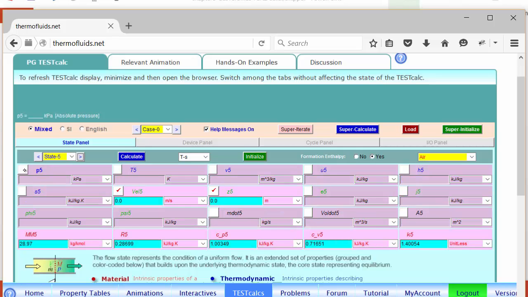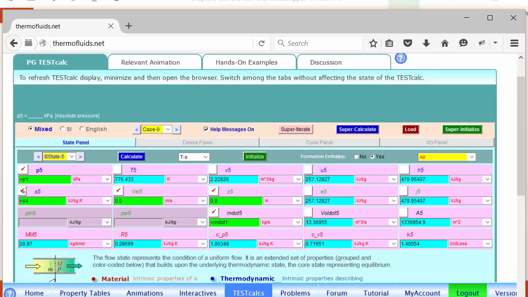And state 5, pressure at 5 equals the same as pressure at 1, because at the exit of the turbine the pressure is atmospheric. Mass flow rate is the same, and entropy at 5 equals entropy at 4, isentropic condition in the turbine. And we find the turbine temperature that kind of matches with what we found.